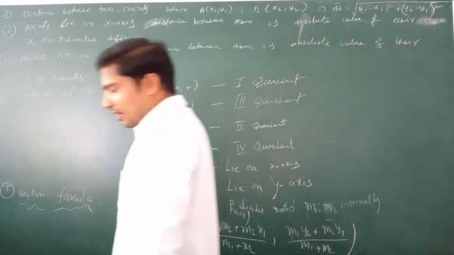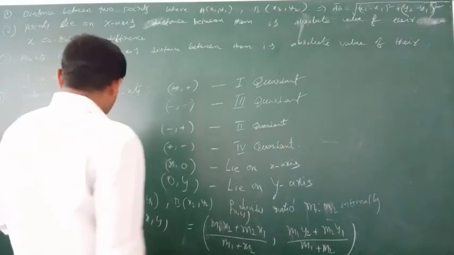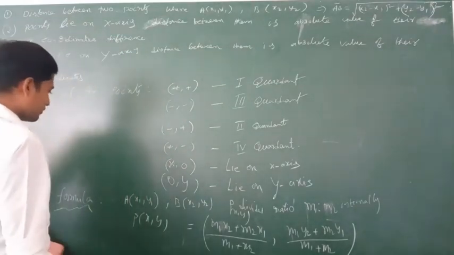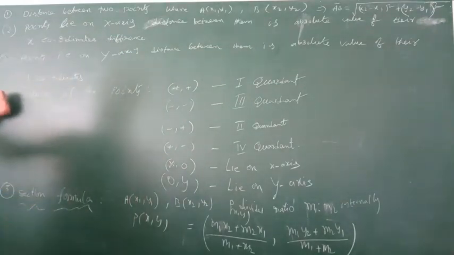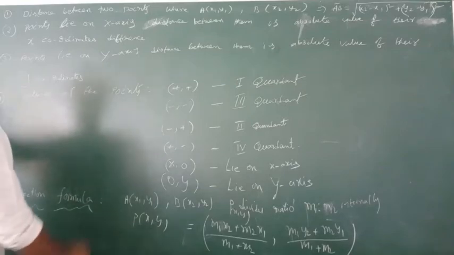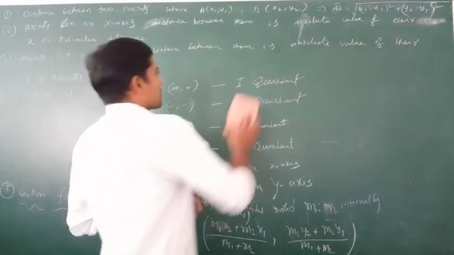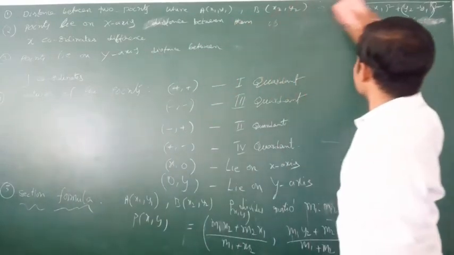And externally, for this section formula, P divides in the ratio m1 is to m2 externally, then what happens? Let us see. We just get a minus.